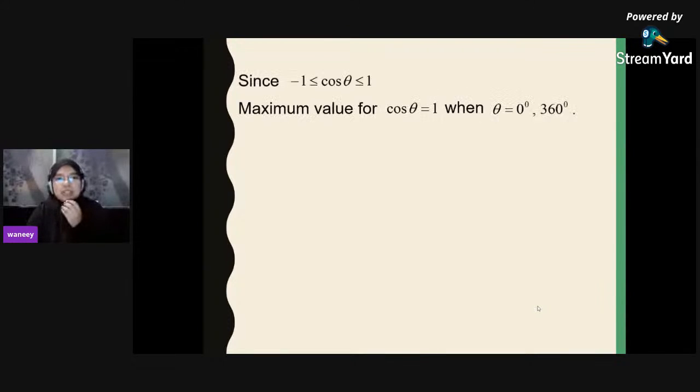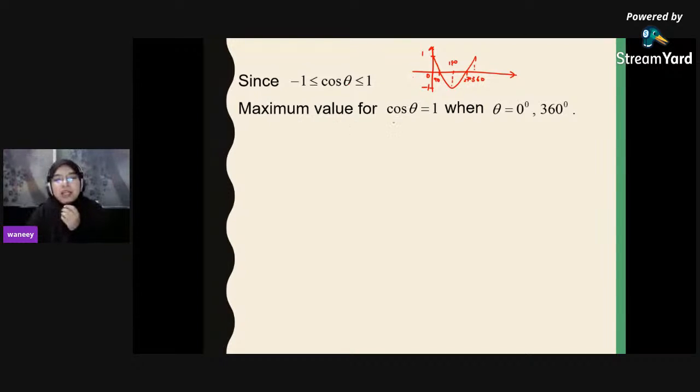Okay, so cos. Cos theta also runs in between -1 and 1, but the graph is slightly different. So we have something like this. So this is 0. This is 360. This is 180. This is 90. 270. So maximum 1, minimum -1. Okay, so cos theta also in between -1 and 1.